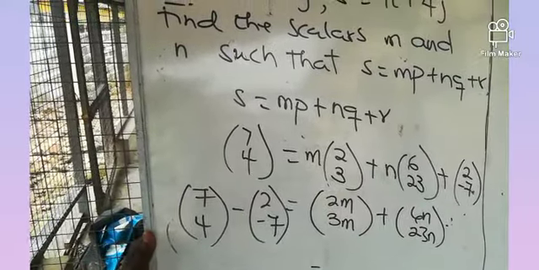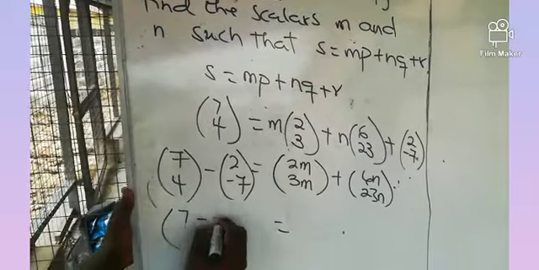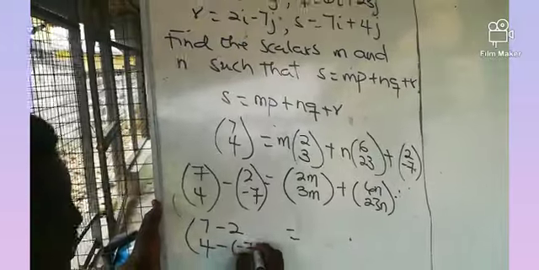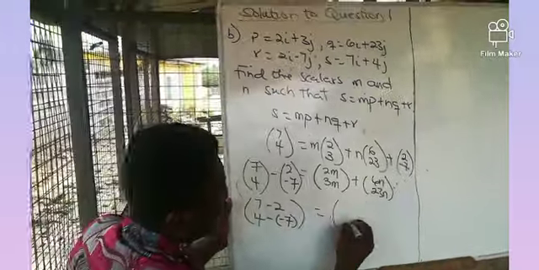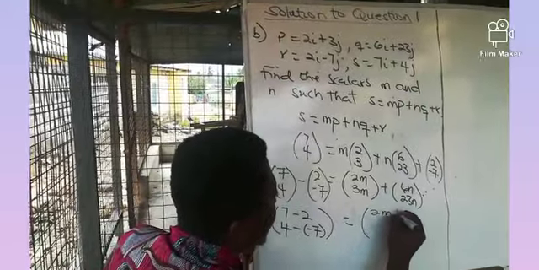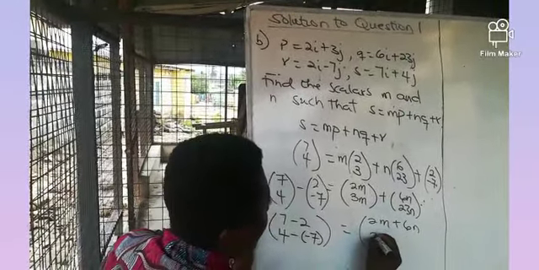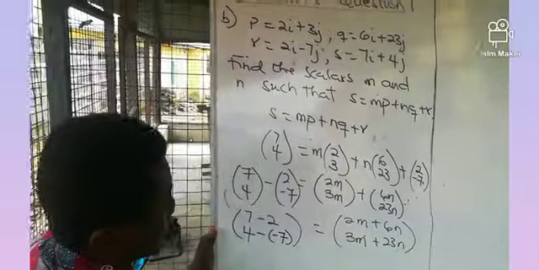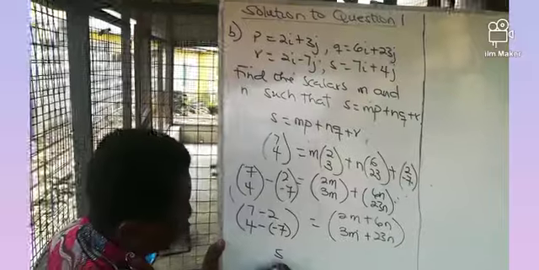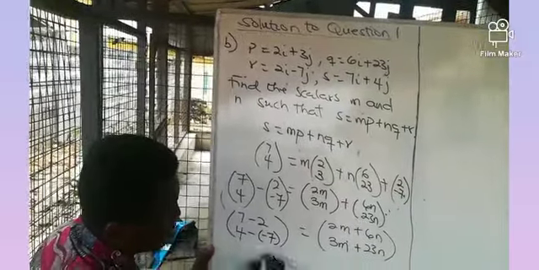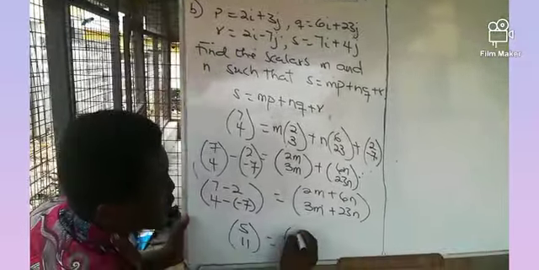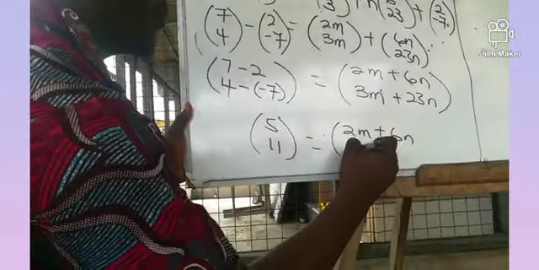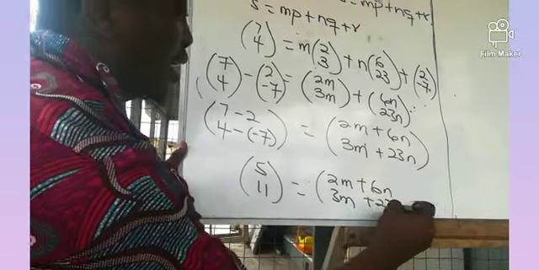So what are you going to get? This one is going to be 7 minus 2. This one is going to be 4 minus 7. This one too is going to give us 2m plus 6n, 3m plus 23n. What are you going to get? You get 5, 11 is equal to 2m plus 6n, and 3m plus 23n.